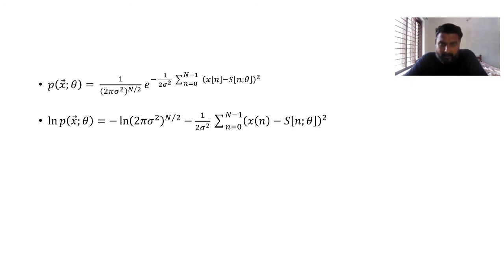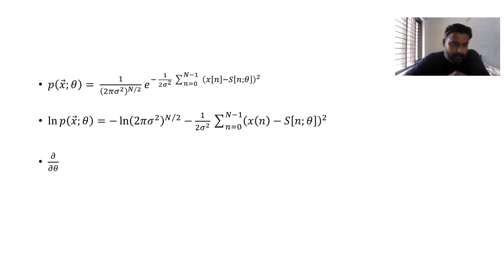Now we will take the first derivative of this one. Once we are taking the first derivative with respect to theta, the first term will be 0, that is minus ln of (2 pi sigma square) raised to n by 2 will be 0 because there is no theta term. And the second will be minus 1 by 2 sigma square sigma n equal to 0 to n minus 1, 2 into x of n minus s of n theta times minus dou by dou theta of s of n theta, since the derivative of minus s of n theta is nothing but minus dou by dou theta of s of n theta.